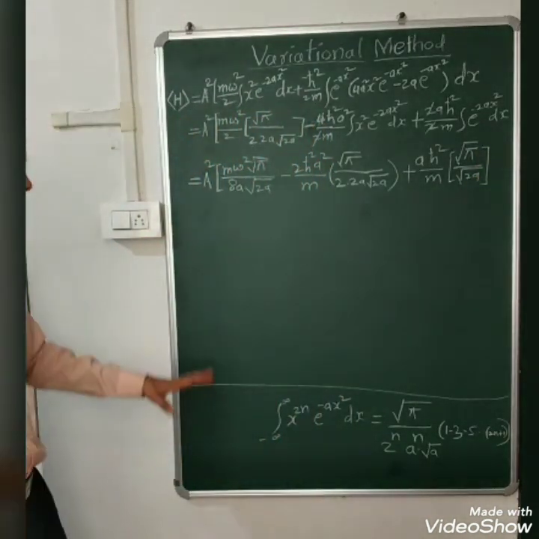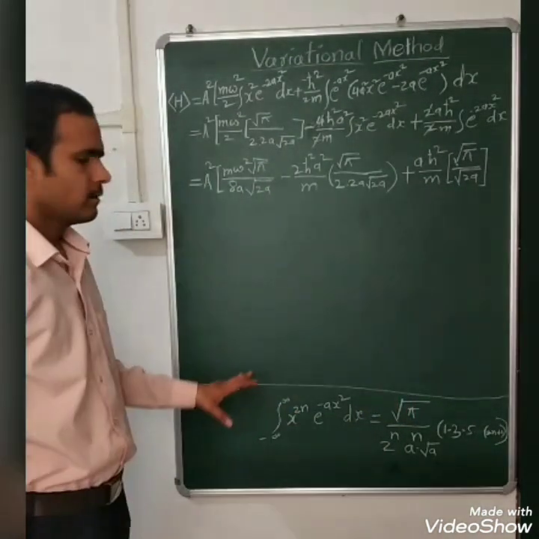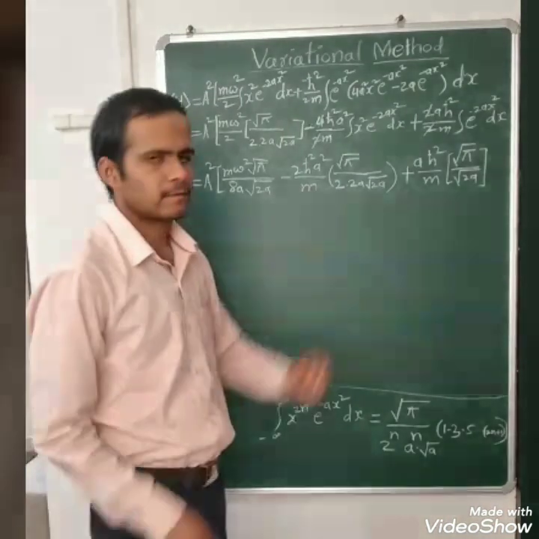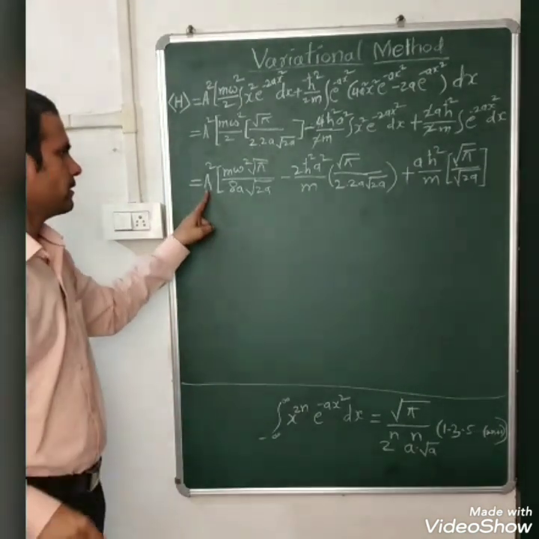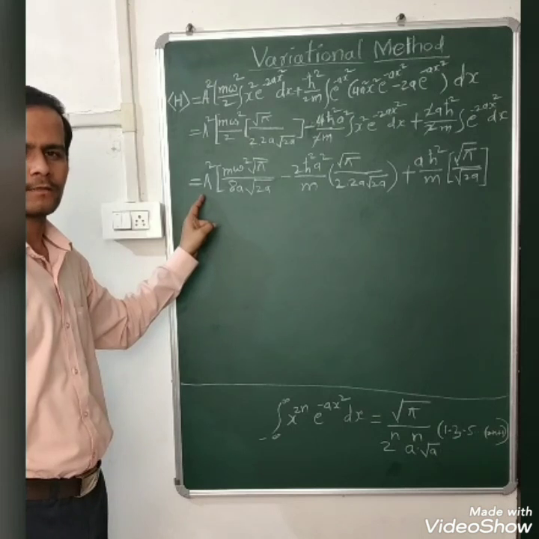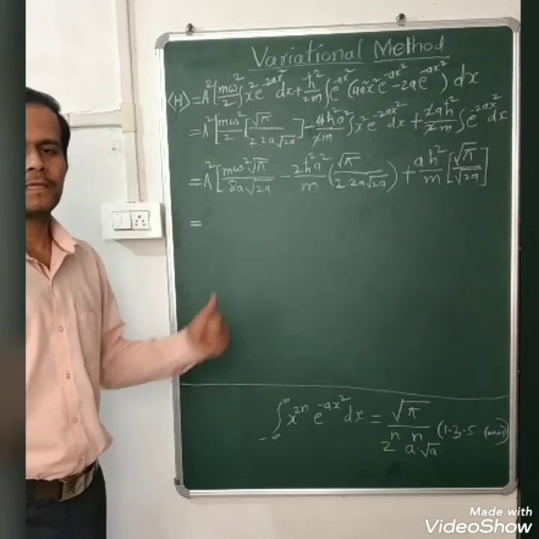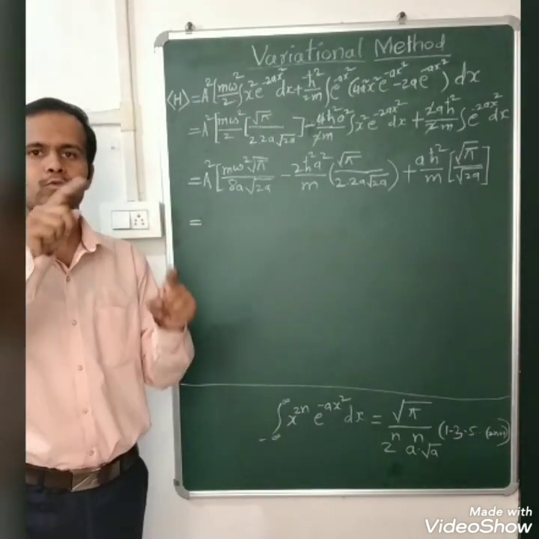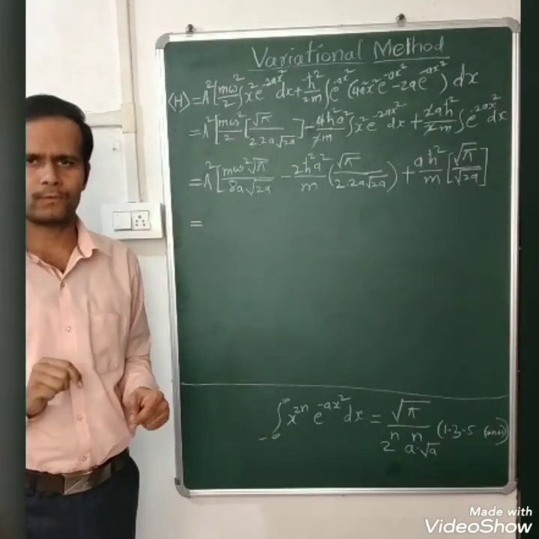Okay, first thing, we have to use this formula very carefully, then we will get the correct answer. Then we know that a is a normalization constant, and this value of normalization constant we already discussed in the beginning, that the value of a is 2a by pi whole raised to 1 by 4.